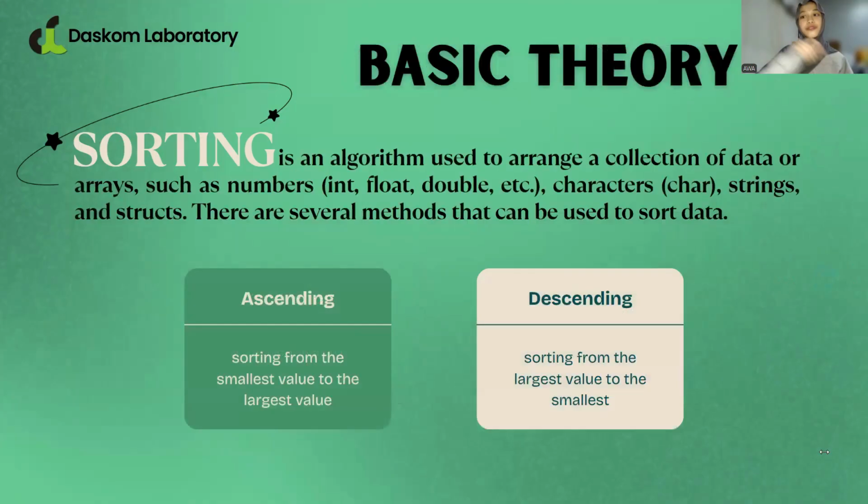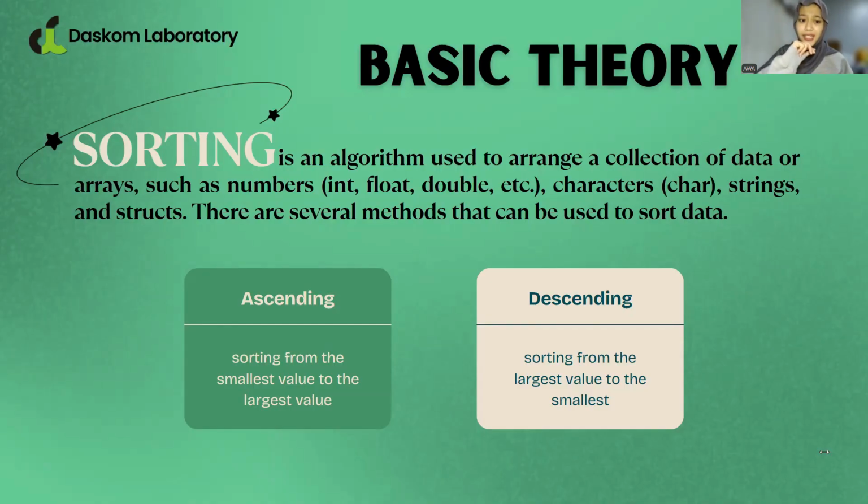Now, let's move on to the basic theory of sorting. Sorting is an algorithm used to arrange a collection of data or arrays, such as numbers, characters, strings, and structs. There are two directions of sorting.